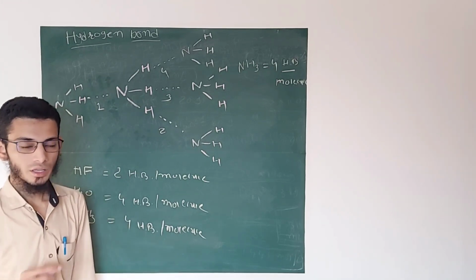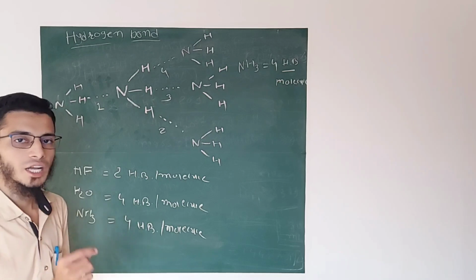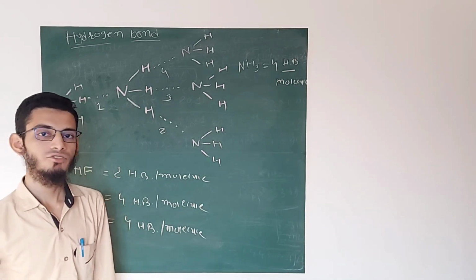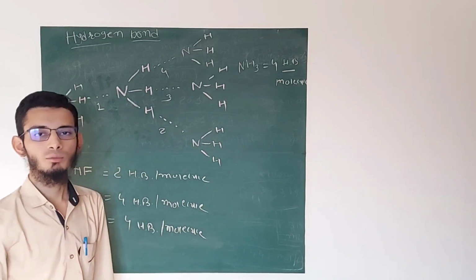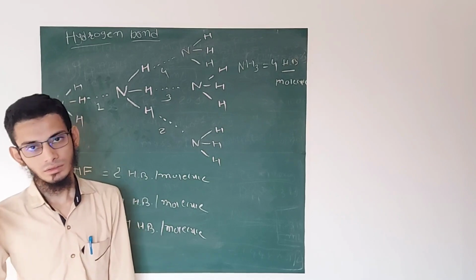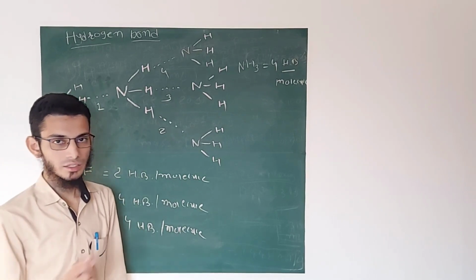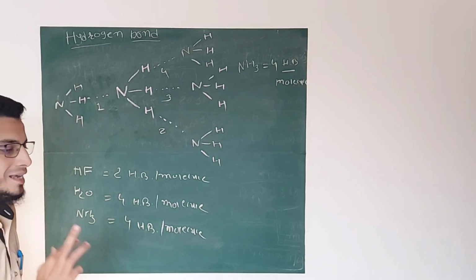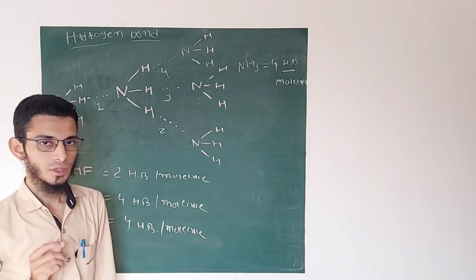Intermolecular hydrogen bond. The definition is the hydrogen atom of one molecule combined with the electronegative atom of another molecule in the same or different substance. It is known as intermolecular hydrogen bond. Second is intramolecular hydrogen bond.